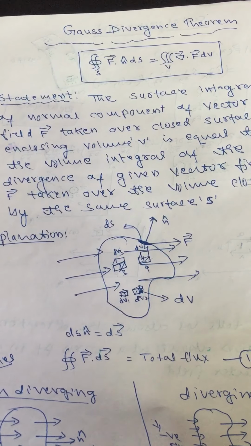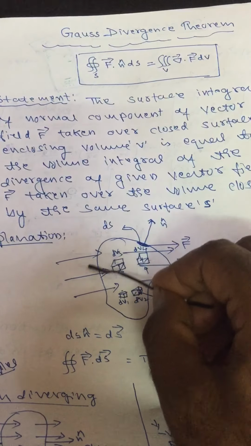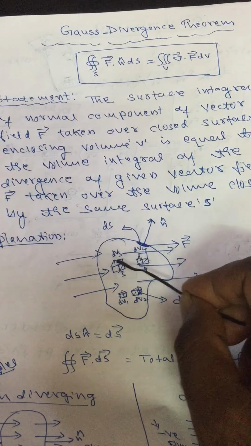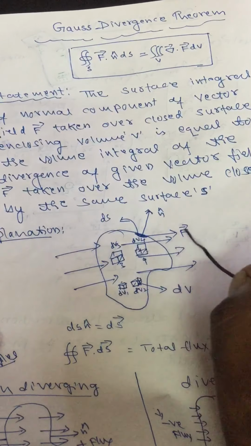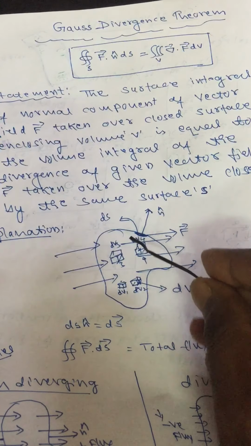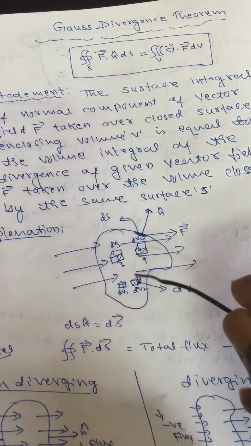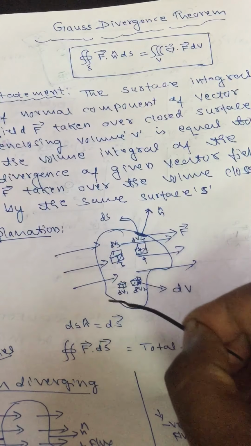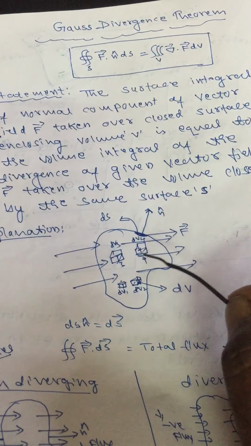Now, in order to understand this Gauss divergence theorem, you should take a three-dimensional object, and it is placed in the vector field. The arrow represents the vector field. First consider a three-dimensional closed object, a closed surface.